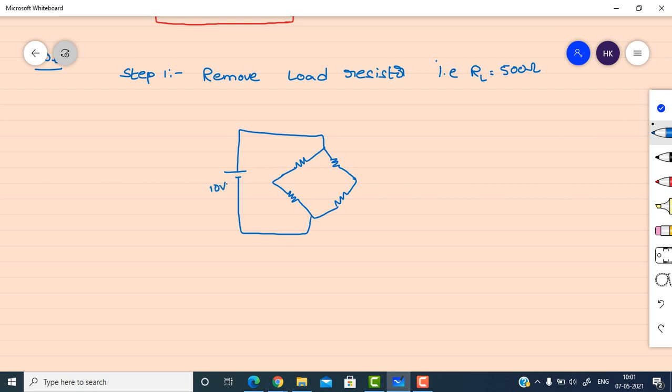This is 10 volts, 1 kilo ohm, this is 470 and this is 220. Here your load resistor will be there, that is removed. This is the A terminal and this is the B terminal.